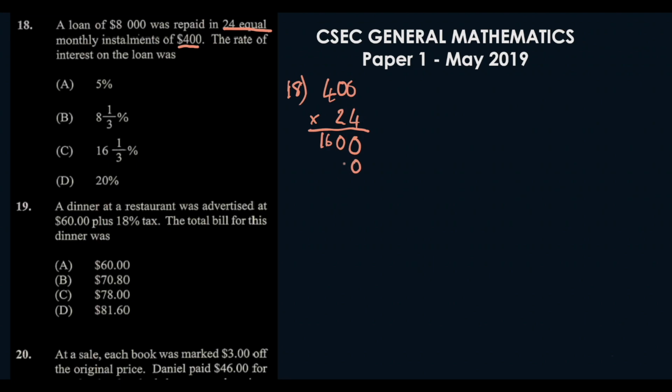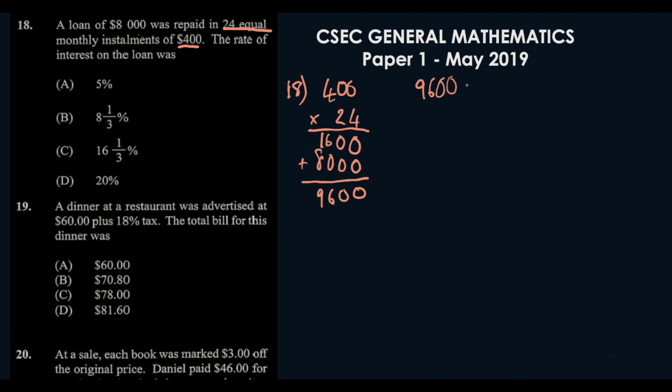So 2 times 0, 0. 2 times 0 again, 0. 2 times 4, 8. So then now we could add this together. So that's going to be 0 plus 0, 0. We add that 0. Add this 6. Add this 8 plus 1, 9. So 9,600. So that's how much was paid after those 24 months.